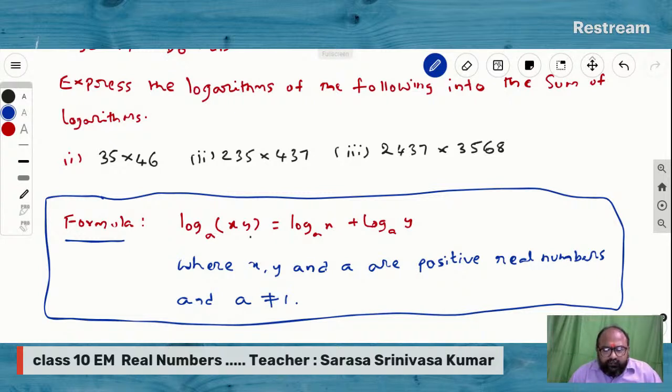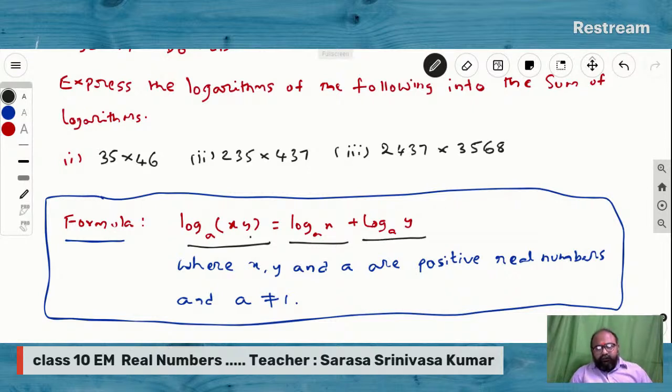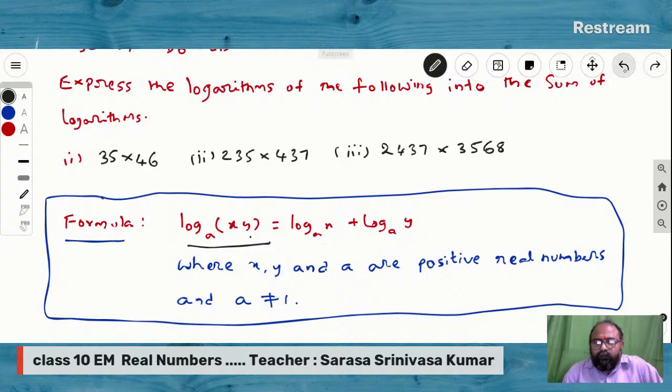So the formula is log of xy to the base a equal to log x to the base a plus log y to the base a. This is the formula. Here x, y and a are positive real numbers. a is not equal to 1. So let us solve the problems.